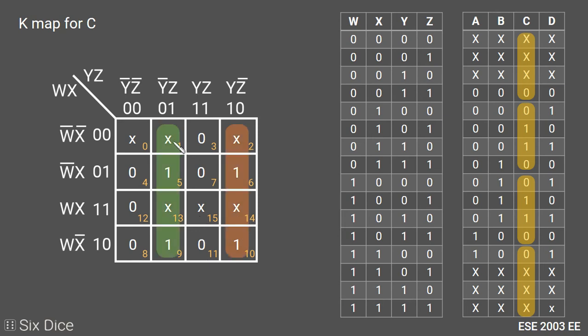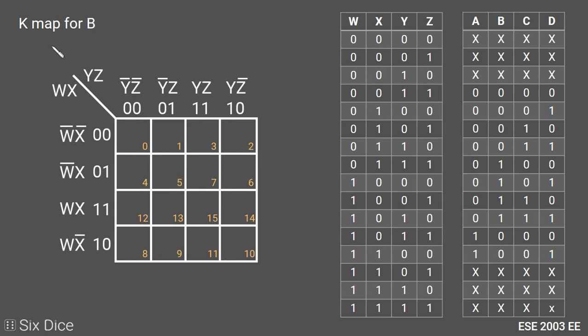We can make two quads of ones in the second column and the fourth column with the use of don't care conditions. This quad is minimized as Y bar Z and this quad as Y Z bar, because the whole column is covered by these two quads. So C will be represented as Y bar Z plus Y Z bar.